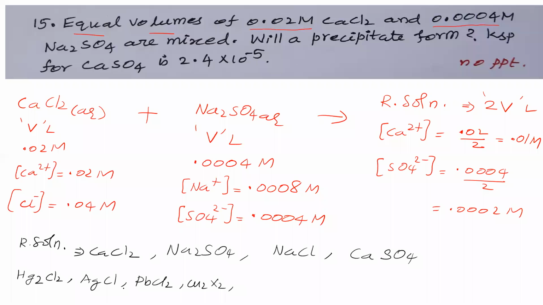Then mercuric iodide is insoluble in water, but mercuric chloride and mercuric bromide are soluble in water. So generally halides are soluble; the exceptions are like this.